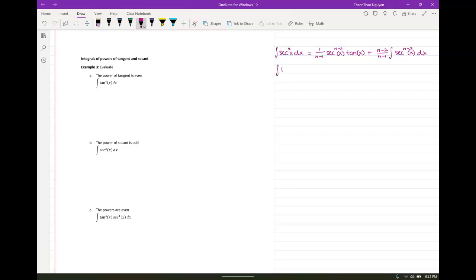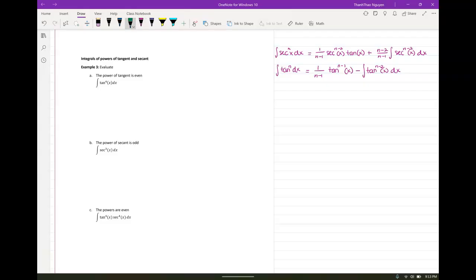And for tangent to the n dx, it equals 1 over n minus 1 times tangent to the n minus 1 of x minus the integral of tangent to the n minus 2 of x dx.